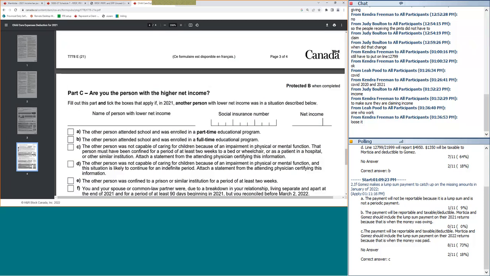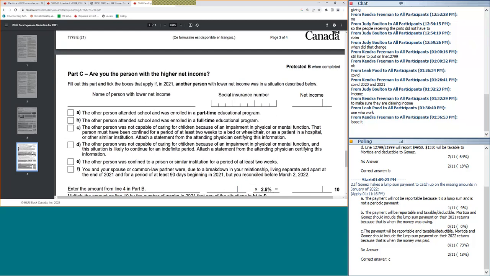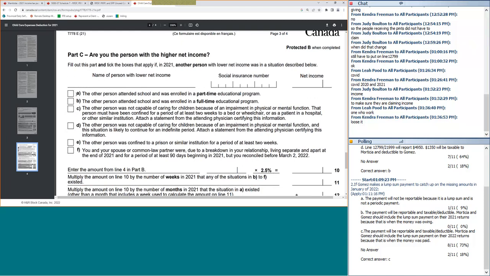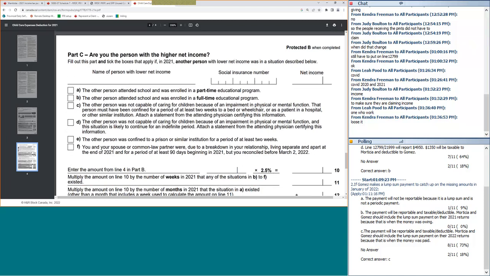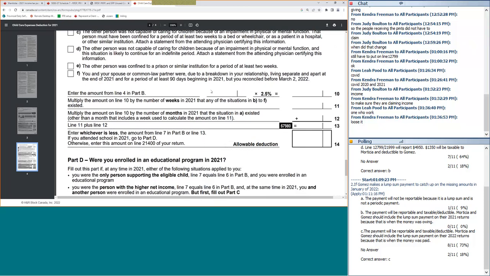So if there's a Part C exception, the higher income earner will fill out the first T778. They're going to fill out the first section. They're going to get to Part C. They're going to include the name of the person with the lower net income, their insurance number, and the net income number. They're going to tick off how many of these boxes apply. Usually it's just one. And then they're going to enter the amounts depending on what it says.